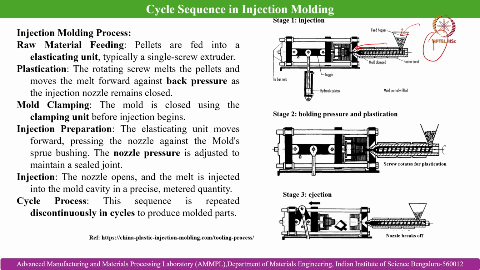This is the stage when you can see that both the die halves, the male and the female halves, are engaged. After injecting the melt, the feedstock or powder polymer aggregate, into the die cavity, the holding or pressurization stage prevails. The screw rotates for plastification, and then stage 3 is the ejection. During this stage, the part, after solidification within the die cavity, gets ejected from the die cavity.